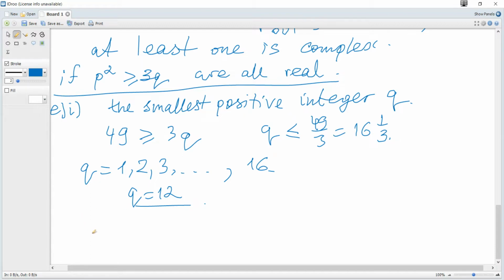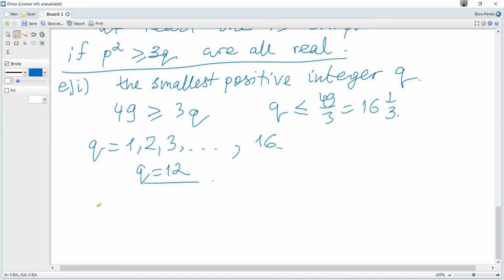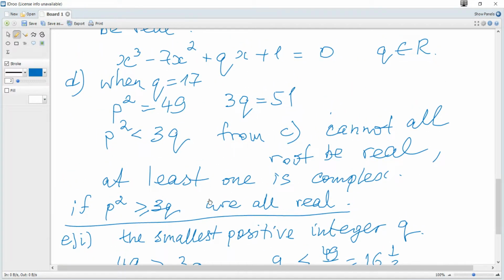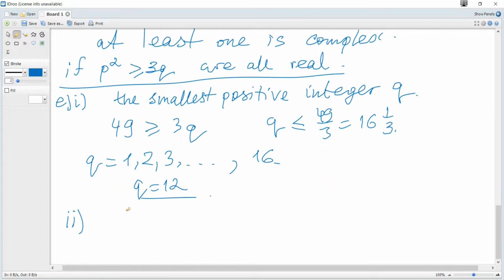Next, explain why the equation will have at least one real root for all values of q. We know that if a complex number is a root, its complex conjugate is also a root. Hence, complex roots arise in pairs. Since it's a polynomial of degree 3, there are 3 roots in total, so 2 can be complex, but 3 cannot be complex.